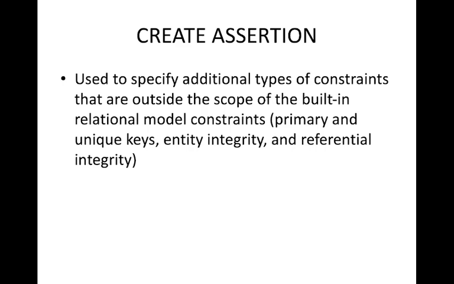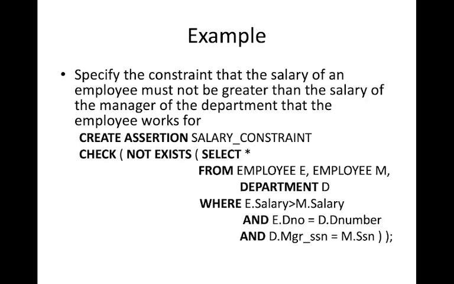For those, we have to create an assertion to check whether the constraints hold or not. We use the create assertion feature. Here is an example. Suppose I want to specify the constraint that the salary of an employee must not be greater than the salary of the manager of the department that the employee works for.